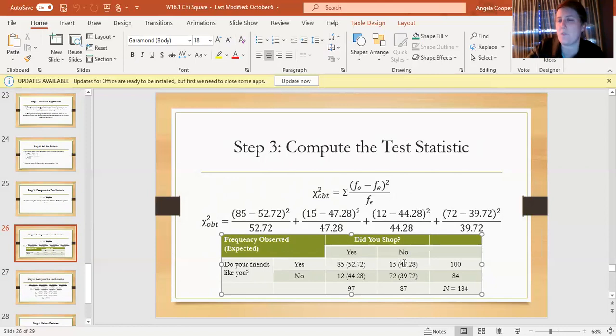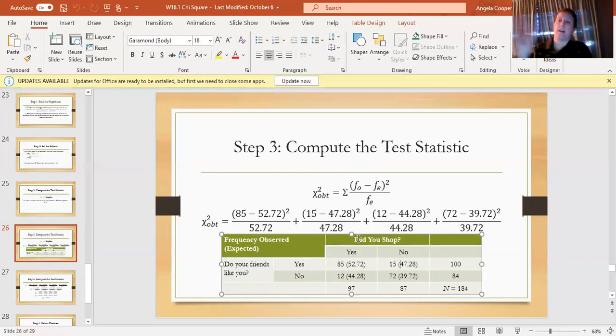So if you're wondering where these 47.28 numbers are coming from, go back a couple slides, rewind the video. I don't know exactly how long ago I mentioned it, but you can see that we had calculated this using this information and this information, but I digress.